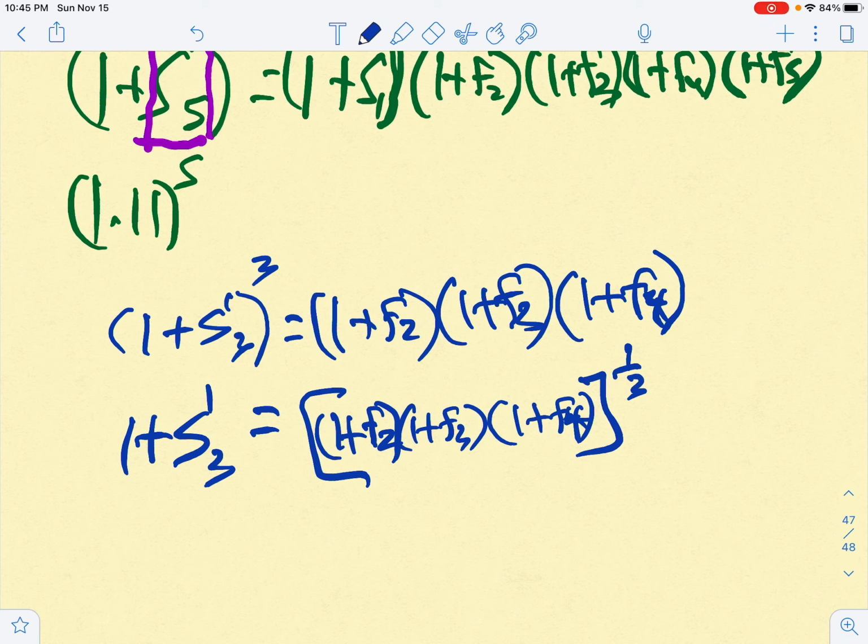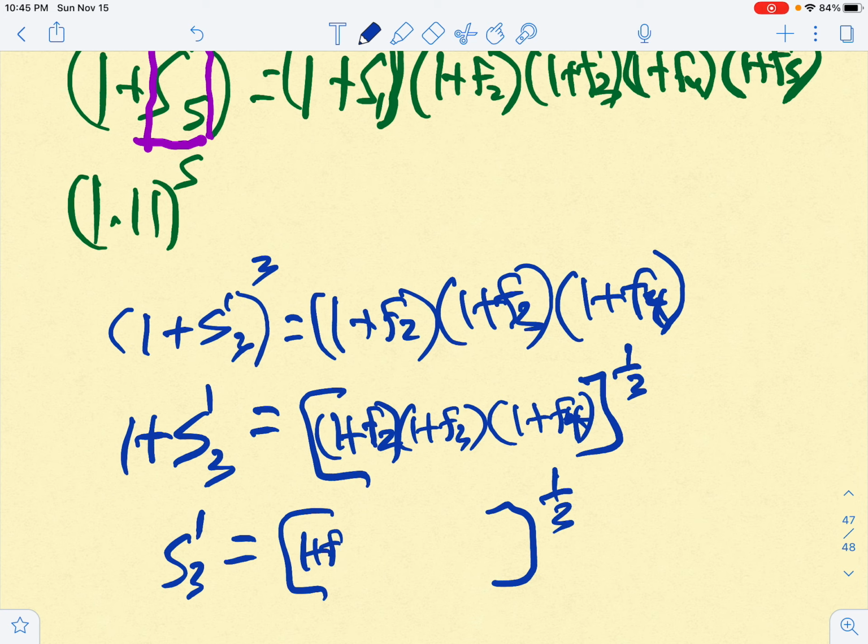And then of course, the 3 period spot rate expected to be in existence at date 1 will equal the cube root of 1 plus F2 times 1 plus F3 times 1 plus F4, minus 1. So that's where that came from.